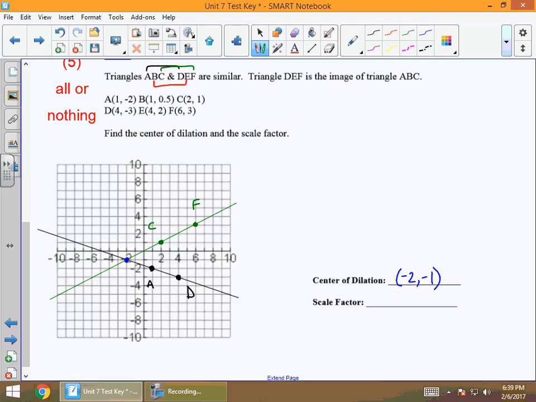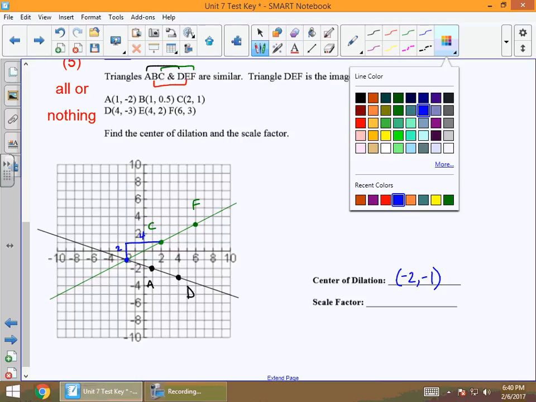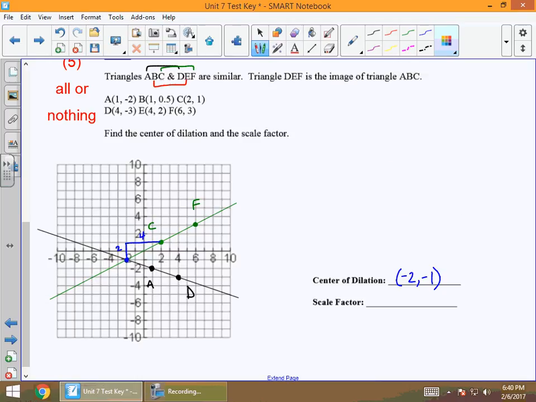And then I have to ask myself, what is my scale factor? And it's really this easy. If I want to get to C, I go up 2 and right 1, 2, 3, 4. And I'm going to compare that to getting to F, in which I go up 4 and I go right 1, 2, 3, 4, 5, 6, 7, 8.